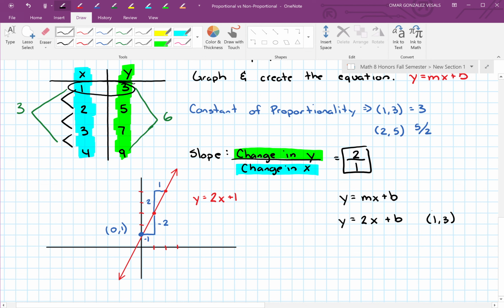The 1 represents a what? And the 3 represents a y. I'm just going to plug them into here. So it's going to be 3 equals 2 times 1 plus b. And then just solve for b. So it's going to be 3 equals 2 plus b, minus 2. 1 equals b. Both ways work just fine. And they'll both give you the same answer. y equals 2x plus 1.